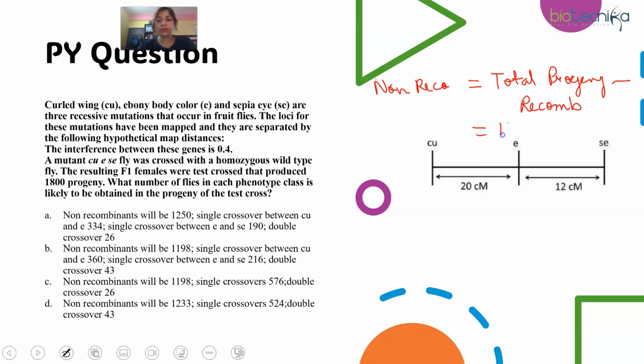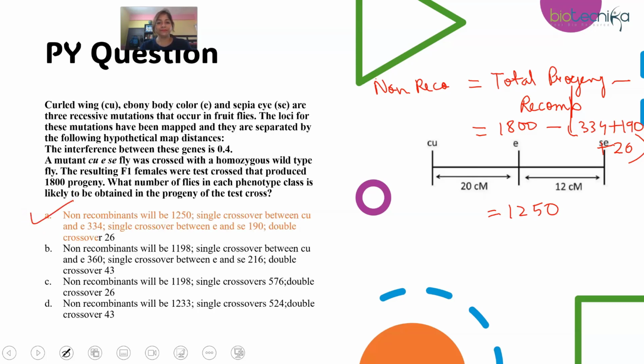So how much is the total progeny? 1800 minus what is the total recombinant? Recombinant is 334 plus 190 plus 26. So when you subtract them all, it will become 1250. So the answer is option 1.